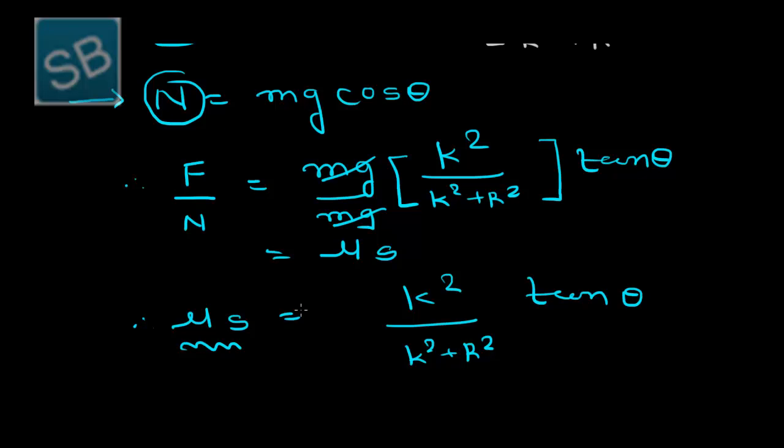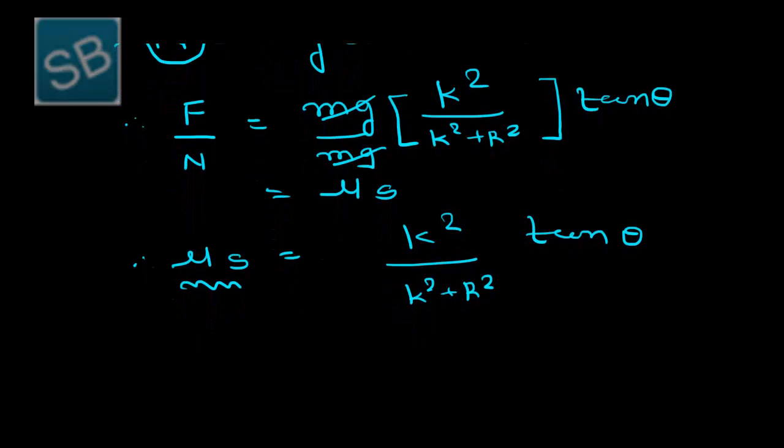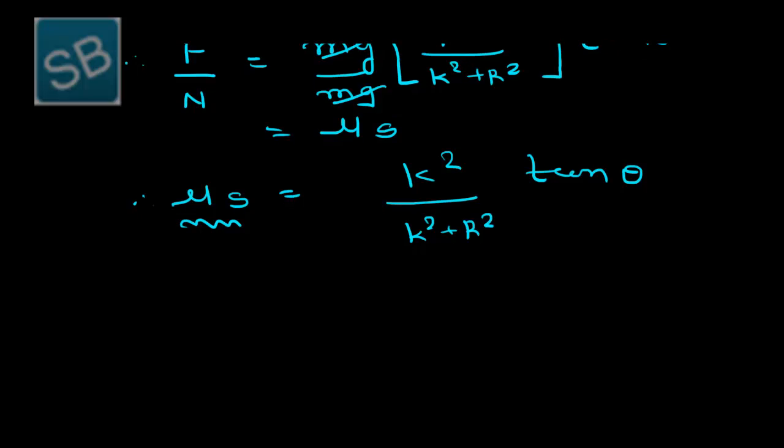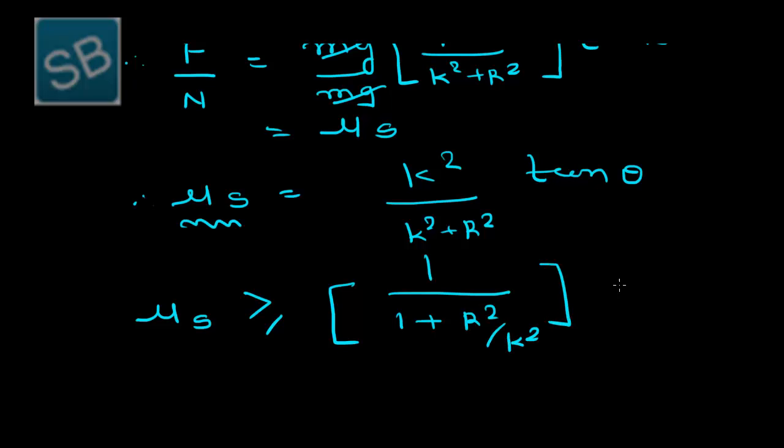But one more thing which you should note over here is that the value of static frictional force must be greater than or equal to this. If you take this k square common, then the original equation will return again: mu s greater than or equal to 1 over 1 plus r square over k square, into tan theta.